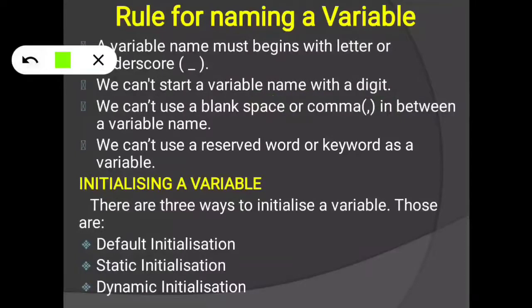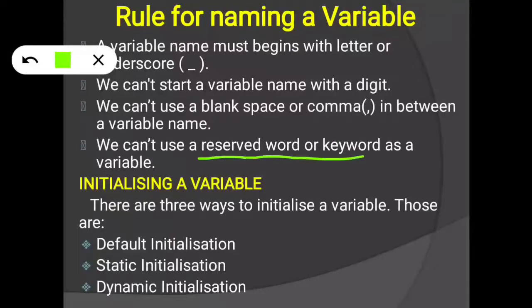Next, we cannot use a blank space or comma in between a variable name. If we put a blank space or comma in between, that will be treated as two variable names. Then we cannot use a reserved word or keyword as a variable name.